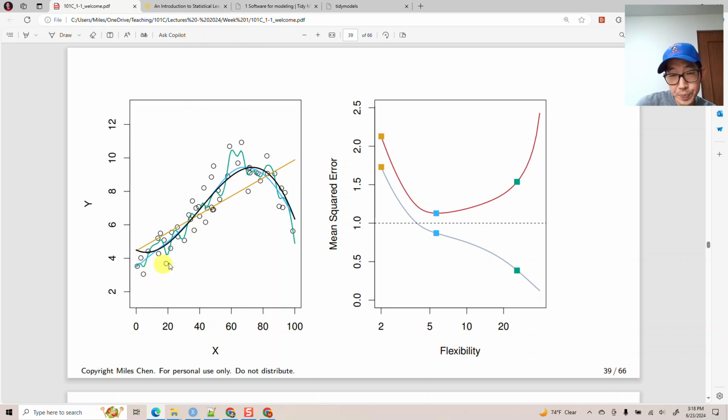So the red line represents how much mean squared error we get for a test set. For a test set with the orange line, it still performs kind of poorly. We get some more error, not as great performance. With the blue line, this blue dot here says if you get a new random set of data, you're going to get some performance.